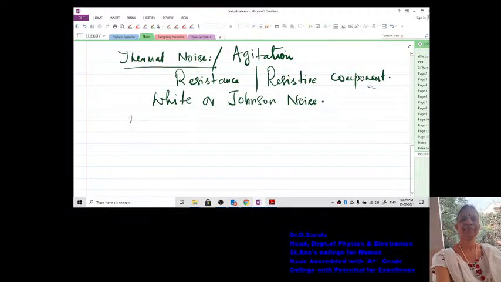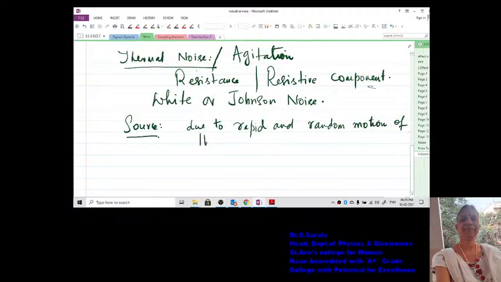So the source of this noise is due to rapid and random motion of the molecules of the component itself.